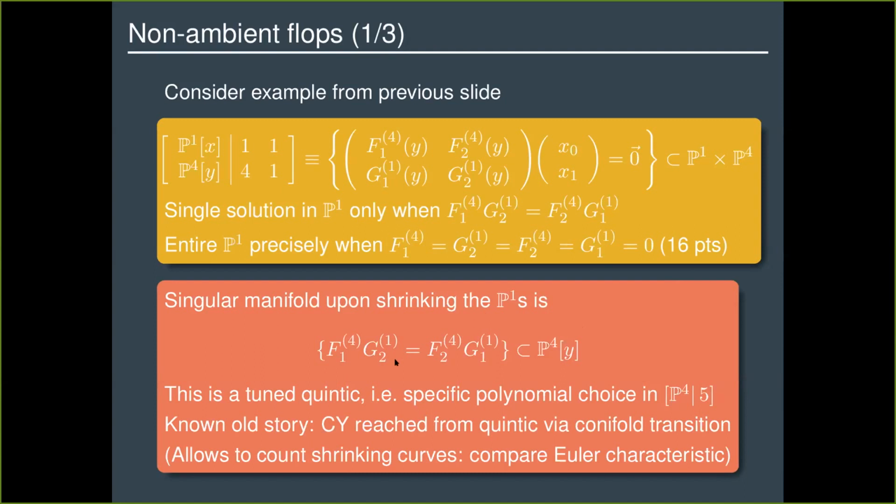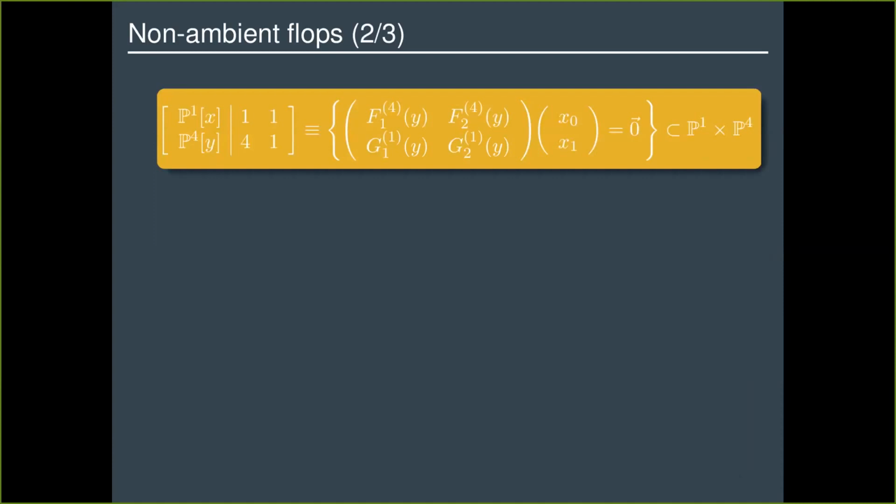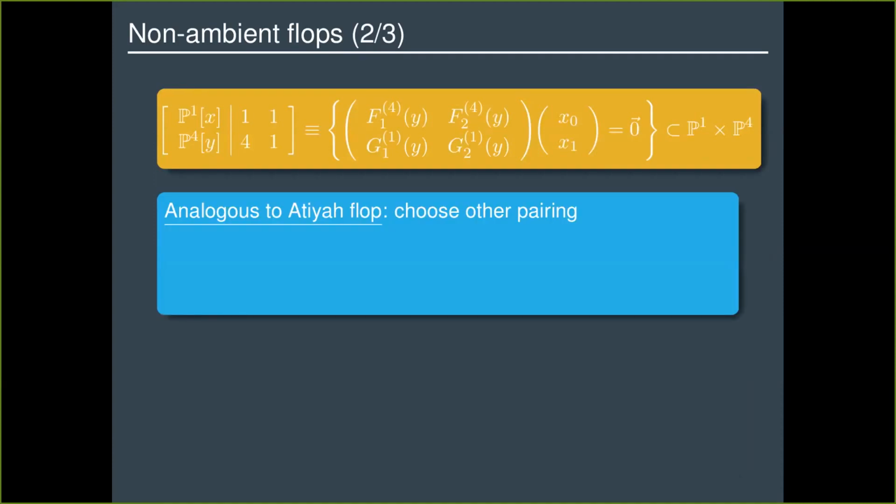So, okay, this is the singular space that we get upon shrinking down the P1s, and I want to talk about the other way in which you could resolve the P1s to get the flopped space. So there's the example again. Analogous to the Atiyah flop, what we're going to do is choose the other pairing of the two linear equations. So before I had F1 and F2 sitting in this first equation, and now I've exchanged F2 and G1.